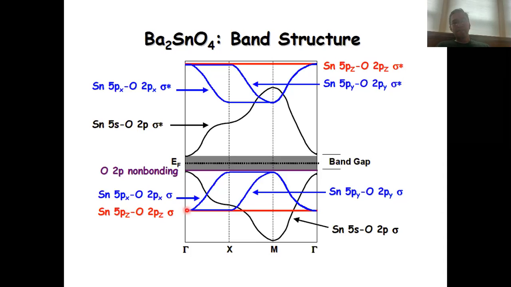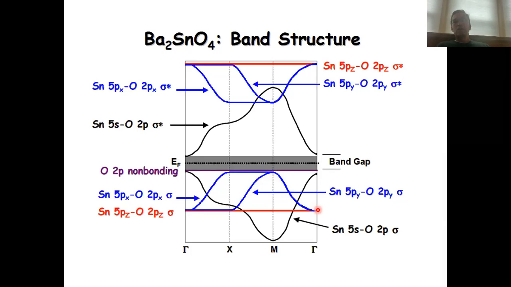Then as we go from lambda to chi, the situation remains bonding and the band is flat. As we go from chi to m, we go along this way until we have a non-bonding molecular orbital at point m. And as we go from point m to lambda, we will go back to a bonding crystal orbital.